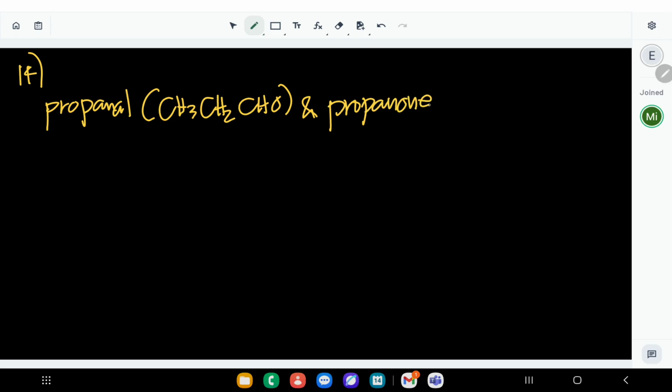This is a ketone, CH3COCH3. So we need to compare the mass-to-charge ratios for the fragments: CH3, C2H5.